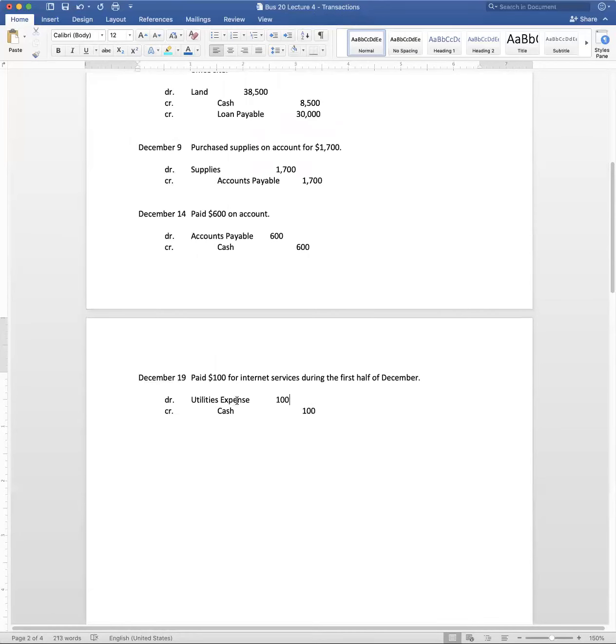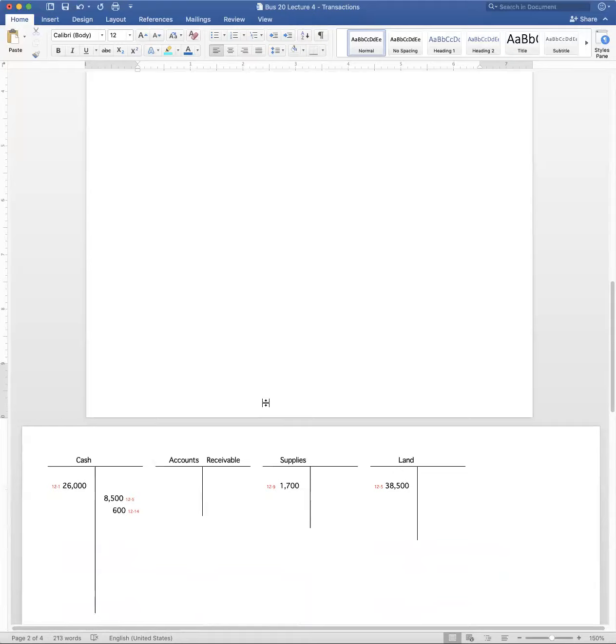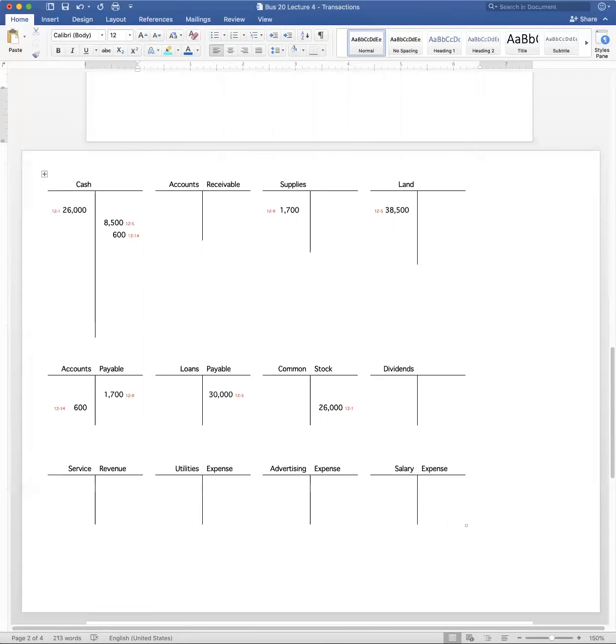All right, so we have a debit to utilities expense and a credit to cash. So if we go back down to our T accounts, we are going to debit utilities expense. That will be here. And then we're going to credit cash by $100.